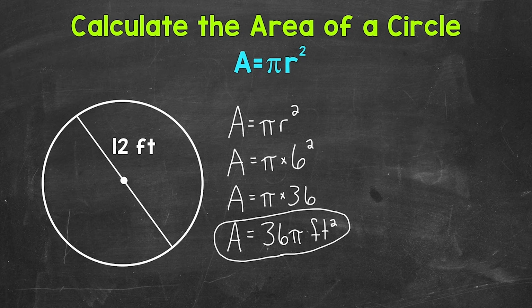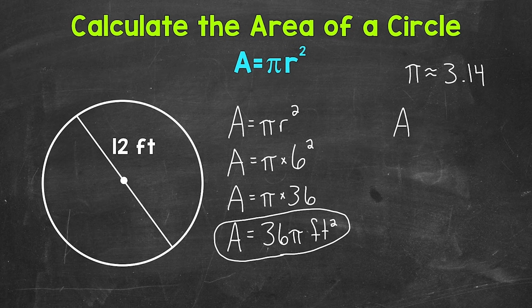Another option, we can use an approximate rounded version of pi. Like I mentioned earlier, we're going to use 3.14. So we can use this to get an approximate area of this circle in decimal form. So again, pi is approximately 3.14.